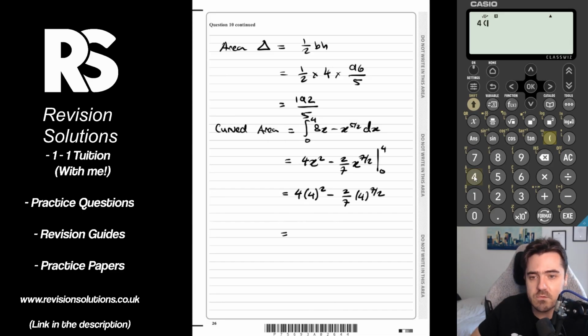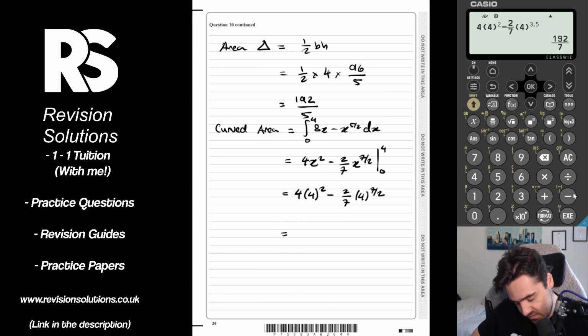So 4 lots of 4 squared minus 2 over 7 times 4 to the 7 over 2. 7 over 2 is 3.5. That gives us 192 over 7.